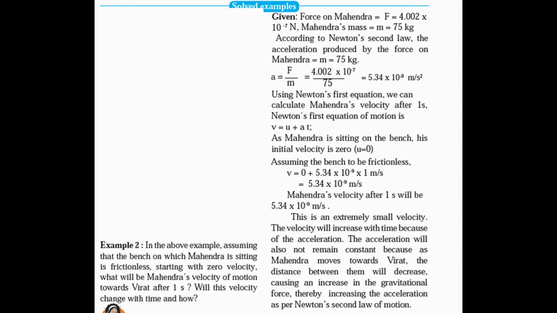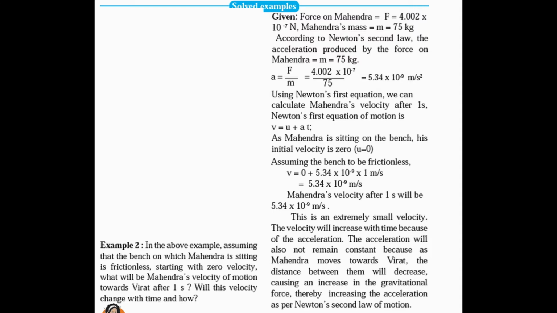Assuming the bench to be frictionless, put v is equal to 0 plus a, which we have just calculated above, a is equal to 5.34 times 10 raised to minus 9, times t. Time is 1 second. So the answer is 5.34 times 10 raised to minus 9 meters per second. That's Mahindra's velocity at the end of 1 second.